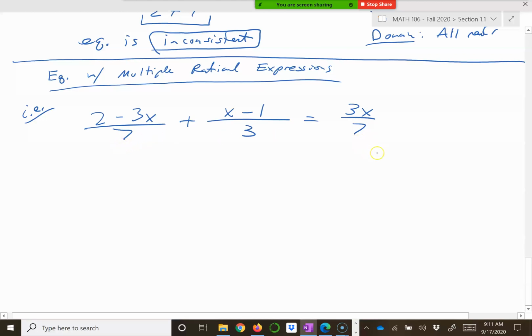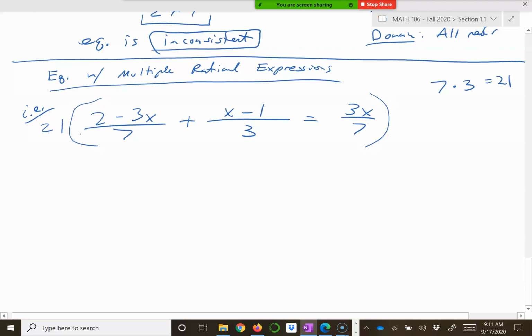So you're only going to use 7 one time, and then you multiply that by whatever the other denominator is. So you have 7 times 3, so you get 21. So what you're going to do is eliminate the fractions from this linear equation by multiplying the entire thing by 21.